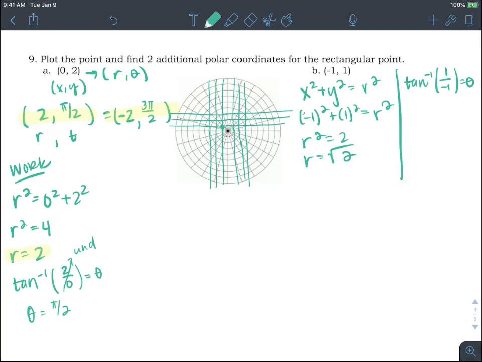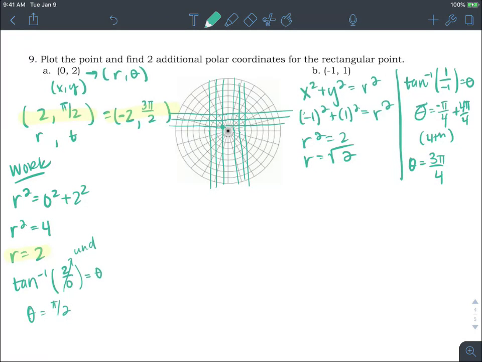So tan inverse of -1 is 45, or theta is equal to negative pi over 4, excuse me. Again, that's in the fourth quadrant. So how do we get it into the second quadrant? We add pi.